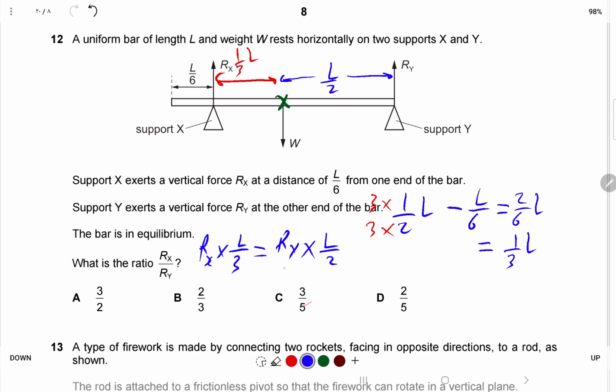Now if you rearrange this equation and do the math correctly, you can get Rx over Ry is equal to L over 2 divided by L over 3, and if you simplify it, you get 3 over 2. Option A is the correct answer.